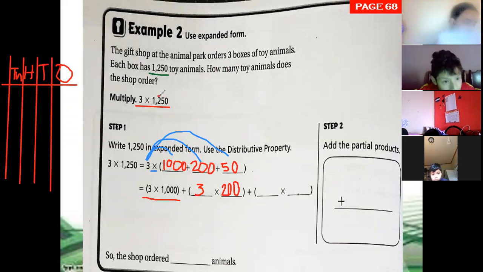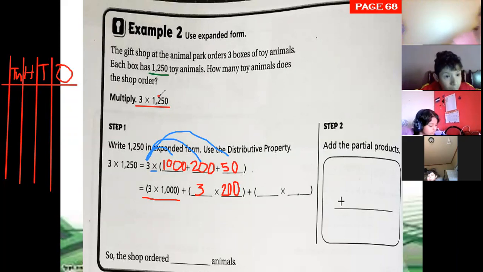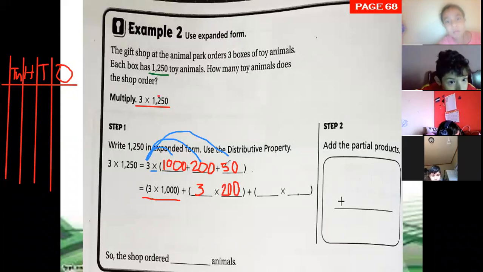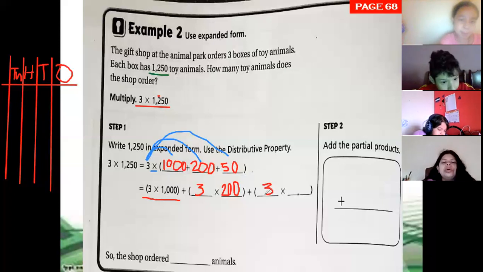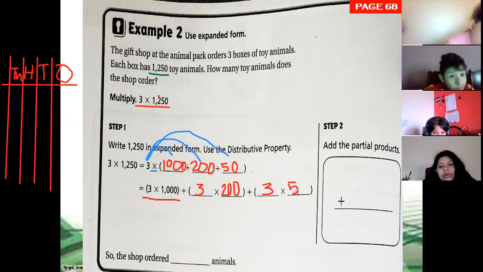The value of that number 2 is not 20. It's 200. So I have to multiply 3 times 200. Then 3 times 50, which is the last addend in this addition.